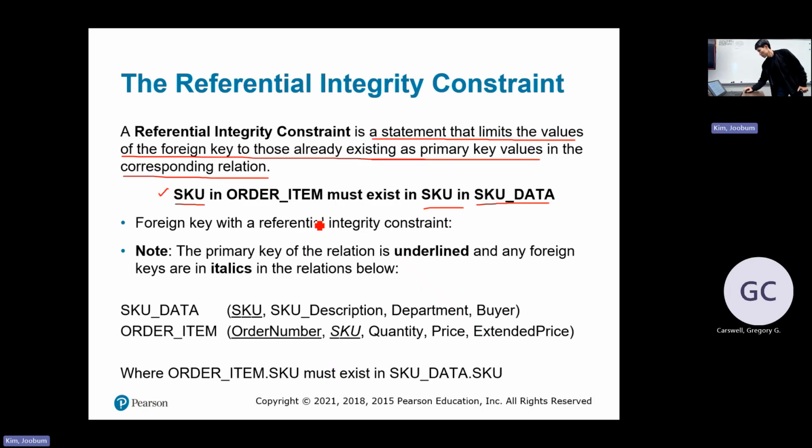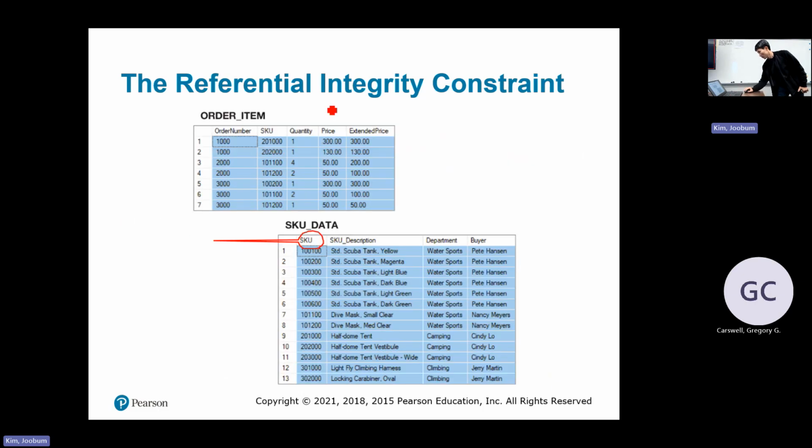So this is a foreign key in order item. The values here should exist in the primary key in the SKU data. For example, 101, 200. They should exist there.